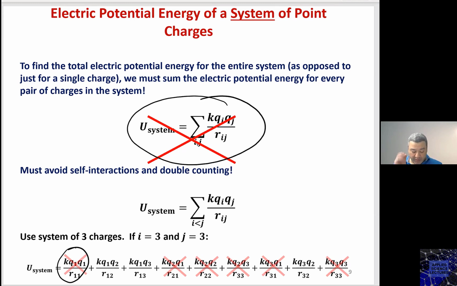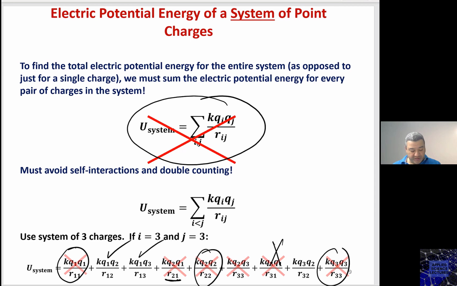I have to avoid the self interactions, which are the R22, R33, and only take the pairs once, which means I have to avoid the Q2Q1 if I am taking the Q1Q2. Also, if I'm taking the Q1Q3, I have to avoid the Q3Q1, which means no double counting for those pairs and no self interactions. This would be the system of point charges.